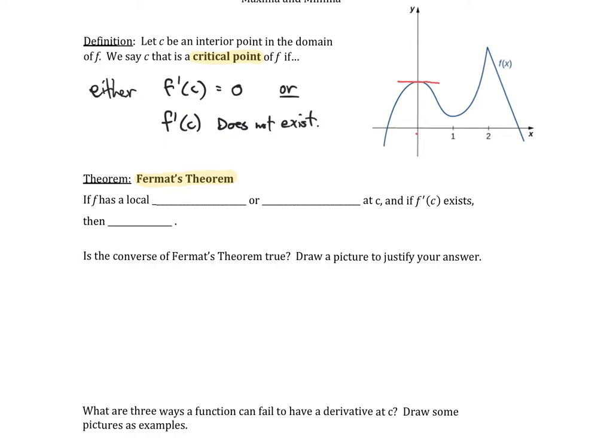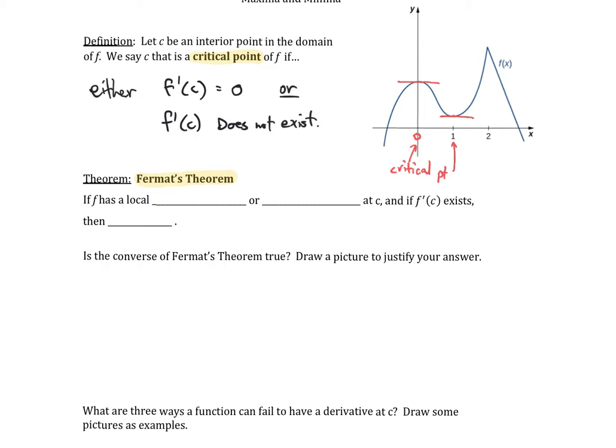That means that at x equal to 0, we have a critical point or critical value or critical number. At x equal to 1, I have another horizontal tangent line here. So that means that we have a critical point or a critical number at x equal to 1 as well.